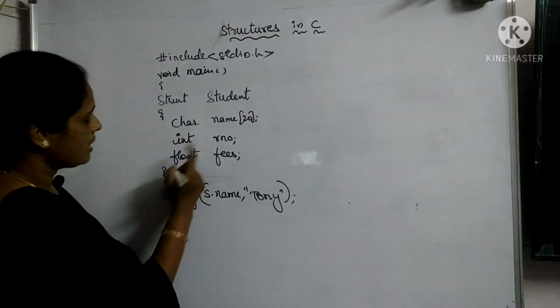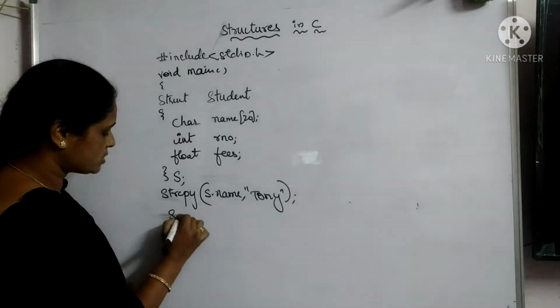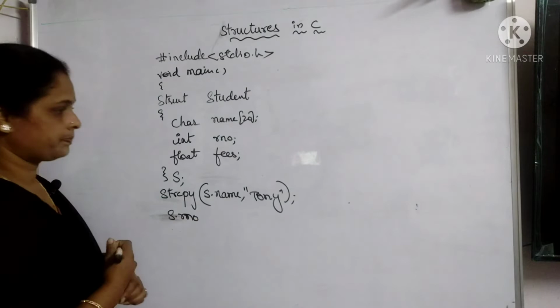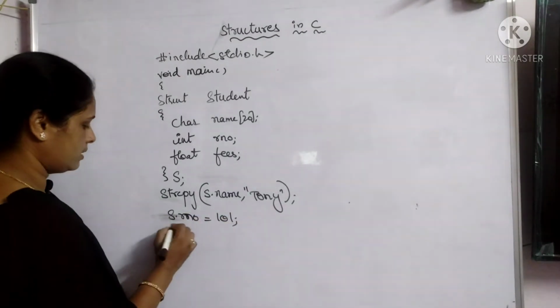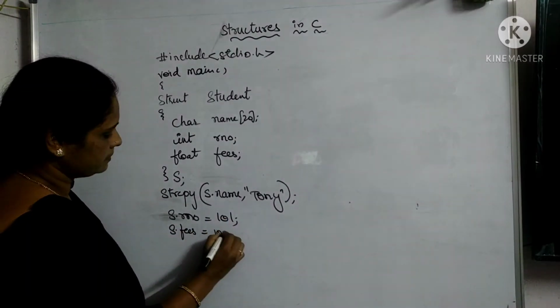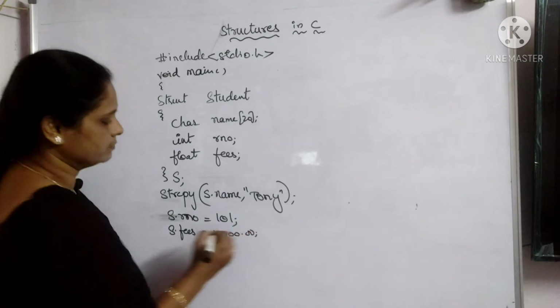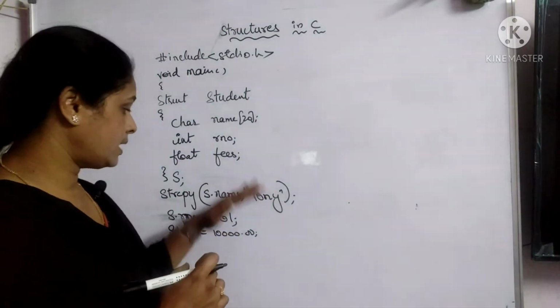In the same way, I have roll number. I can't use it directly. So S dot roll number is equal to some 101. In the same way, S dot fees is equal to some 10,000. This is how I have initialized it.